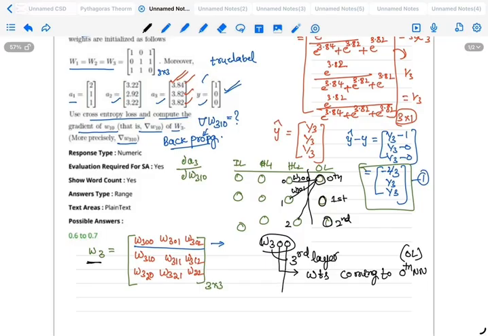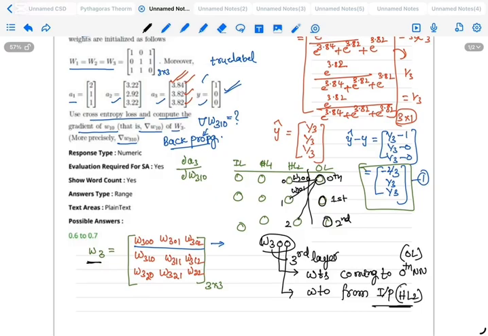This last index represents the weights from which input, that is the previous layer, the H2 layer, hidden layer 2 input numbers.